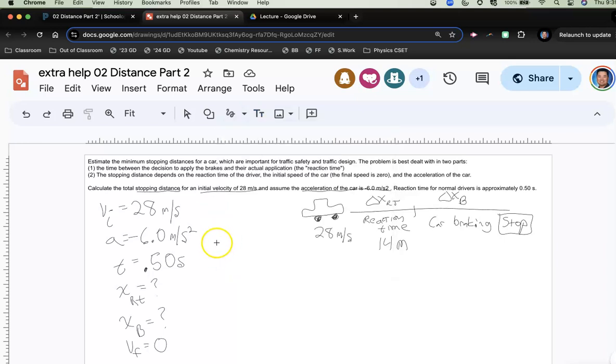It's going to be VF equals VI squared plus 2A triangle X. All right. We're going to use this equation to solve for the distance the car's traveling as it drifts or slides.